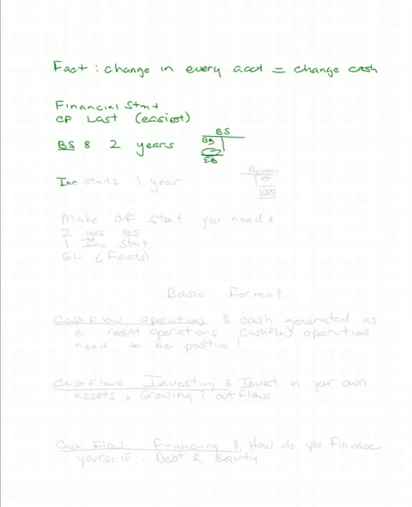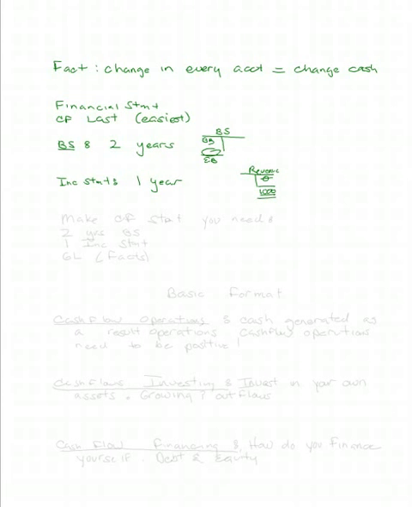So on balance sheet accounts, you need 2 years' worth of financial statements. On the income statement, you need 1 year. Can you tell me why? Since income statement accounts always start with 0, whatever their balance is, that's the change.